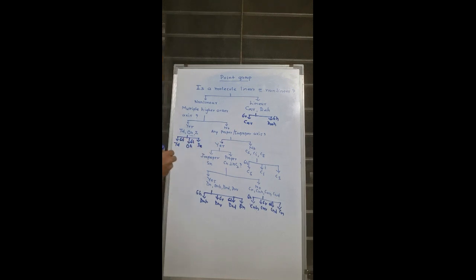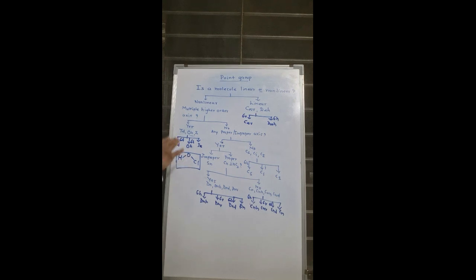Now the next molecule is HOCl, or we can say hypochlorous acid. This is non-linear. It means C infinity v and D infinity h point groups are absent. Are any multiple higher axes present in that molecule?